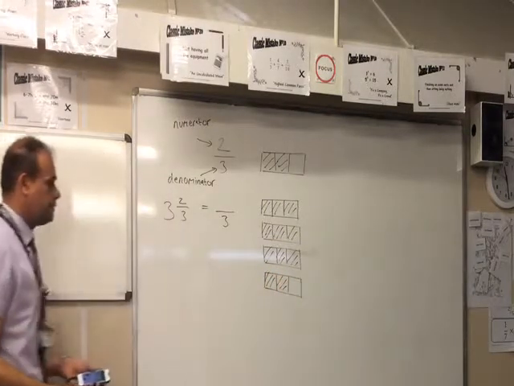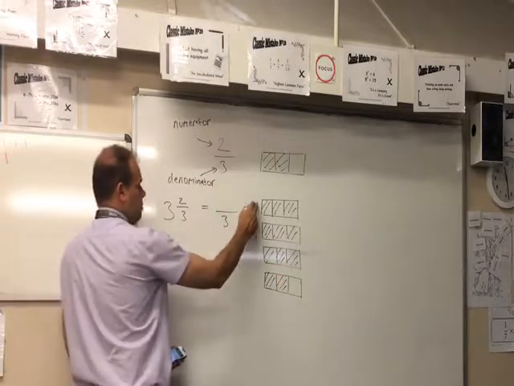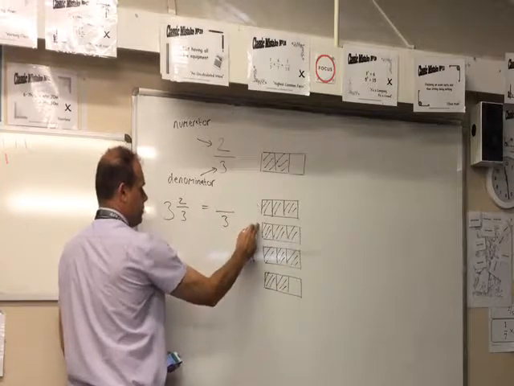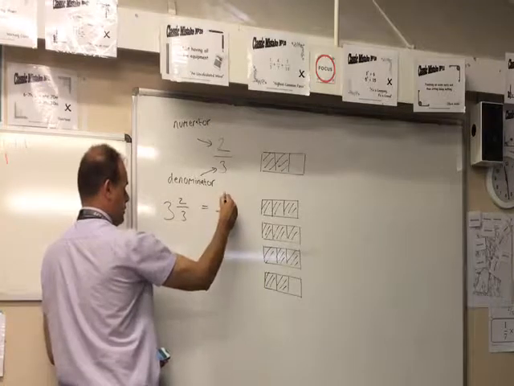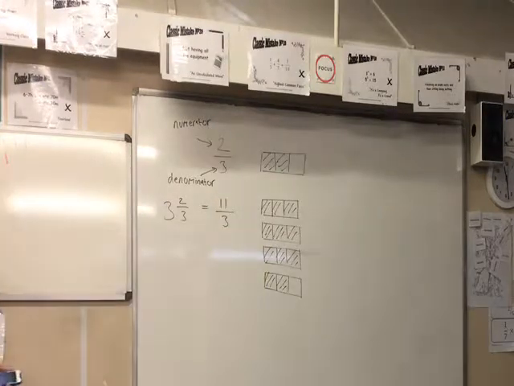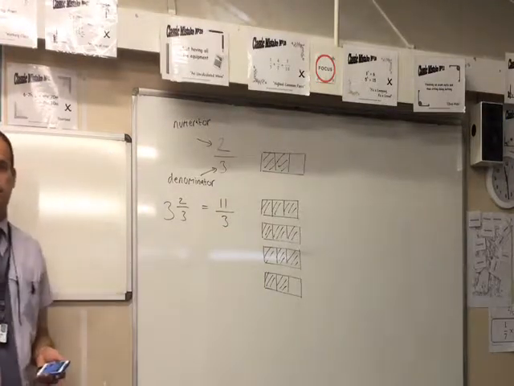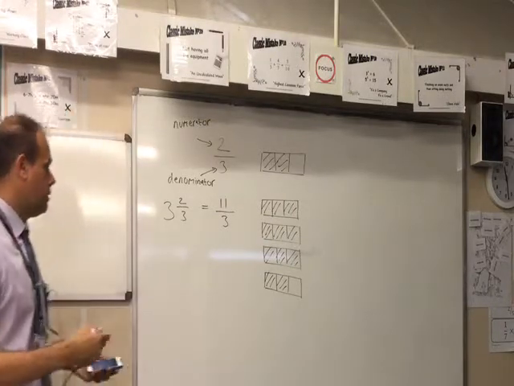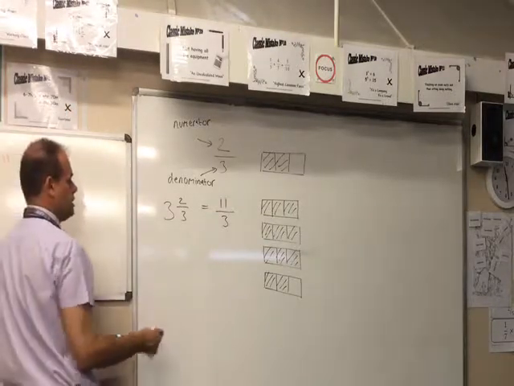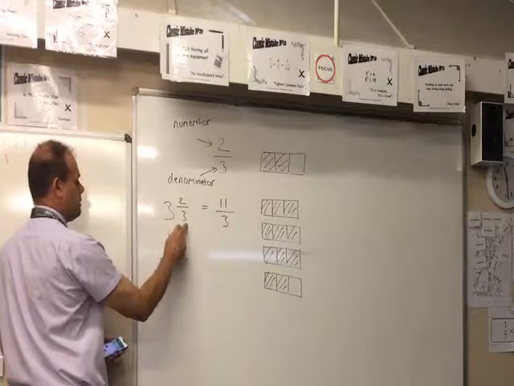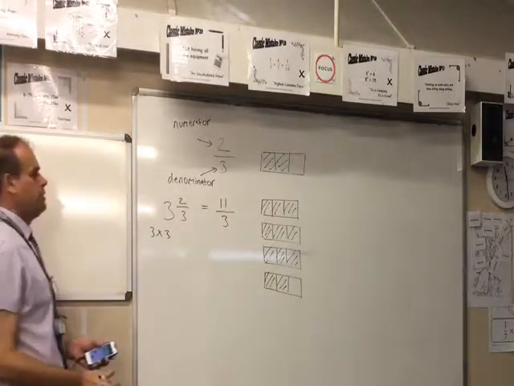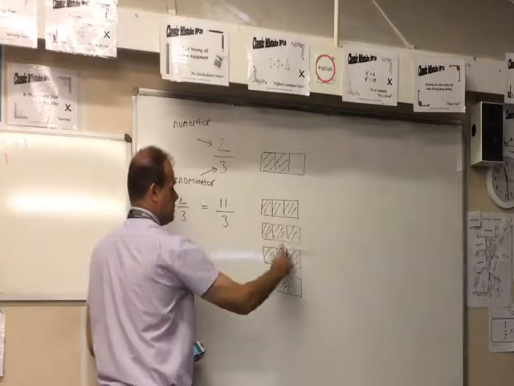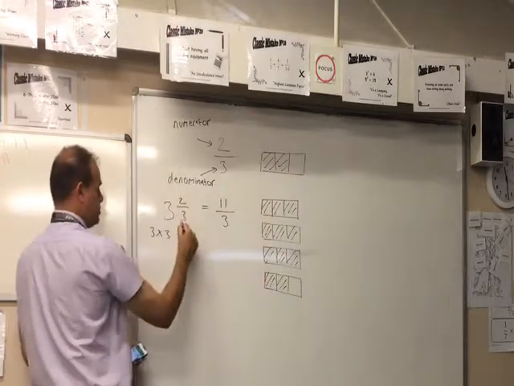And if you count how many thirds I've got, 3 multiples of 3, which is 9, plus the extra 2, gives you 11 thirds. And from that diagrammatic way of doing it, obviously you can't keep drawing diagrams, you need a quick way to be able to carry on the calculations. Little trick is here, if you multiply the whole number by the denominator, 3 times 3, that will tell you that there are 9 thirds in 3 wholes, plus the extra 2 thirds.